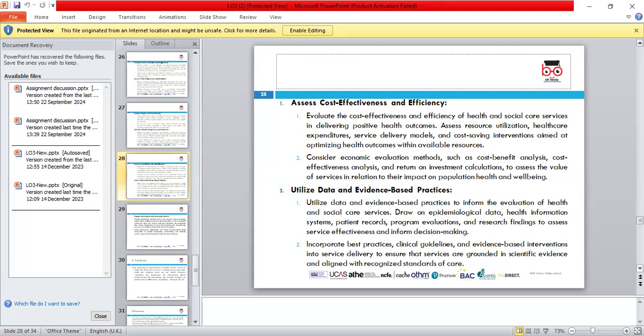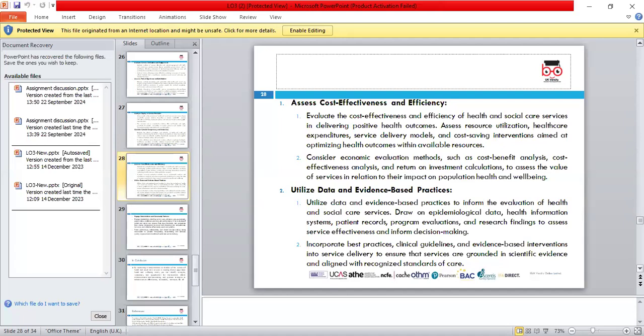Utilize data and evidence-based practices to inform the evaluation of health and social care services. Draw on epidemiological data, health information systems, patient records, and funding data to assess the service effectiveness and inform decision making.